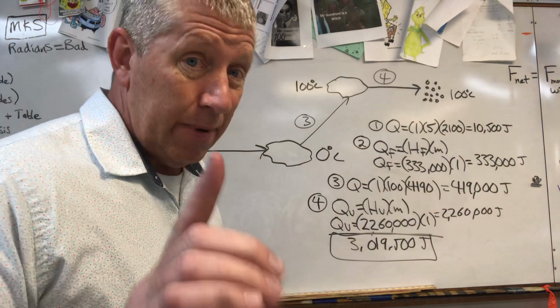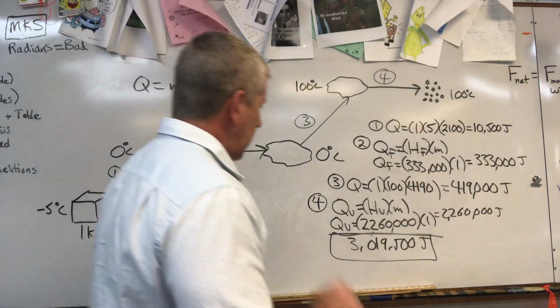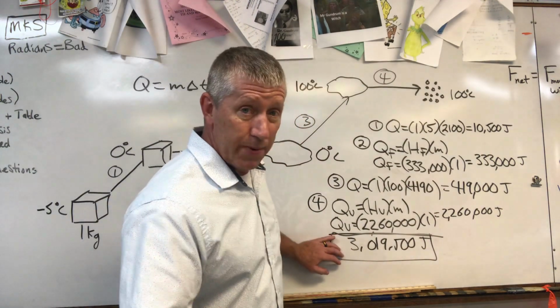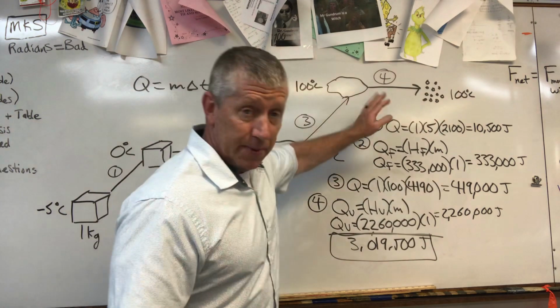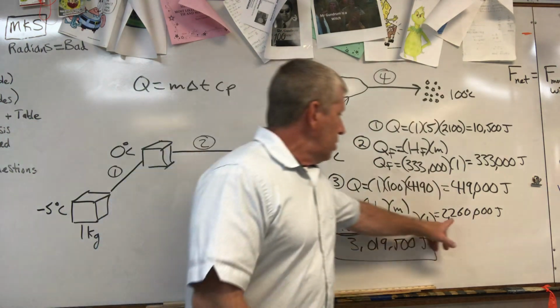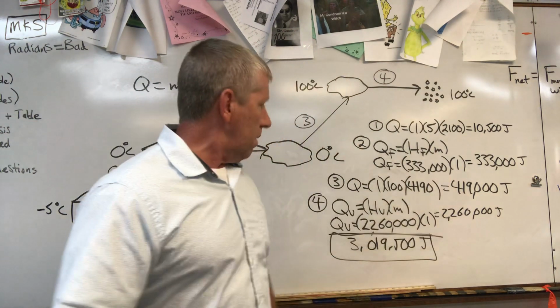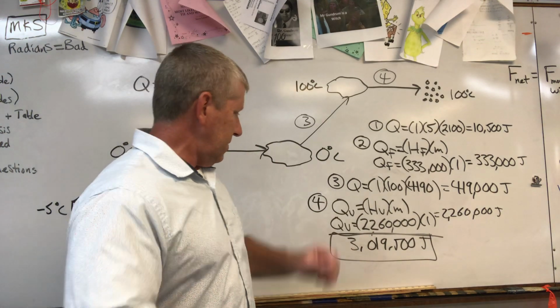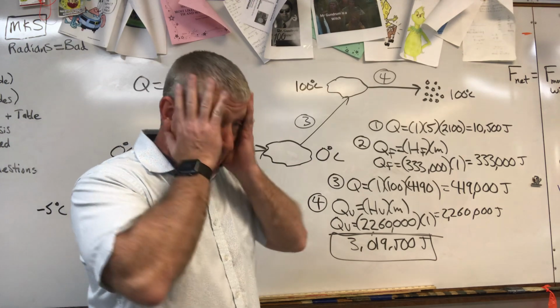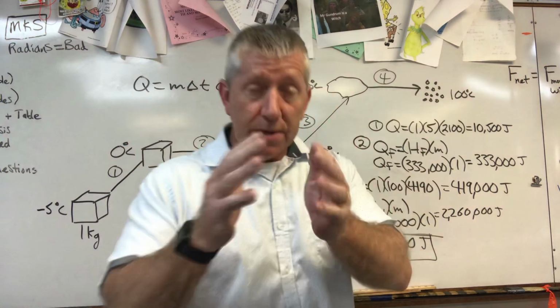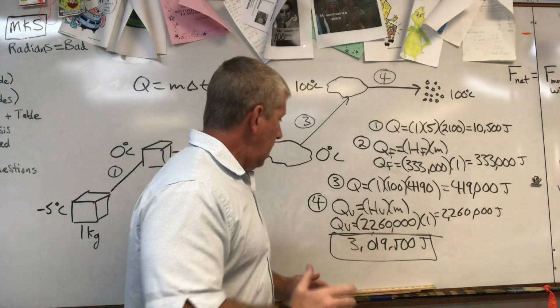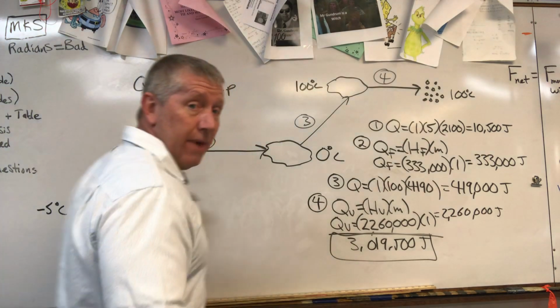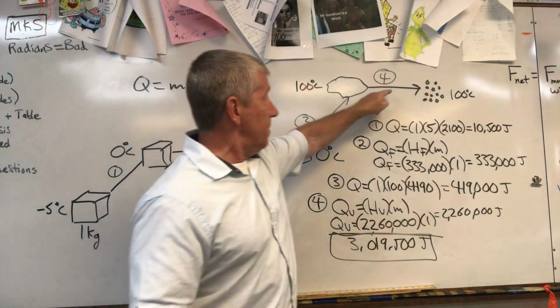What I do want to point out about this, though, is this. Out of this 3 million joules that it takes to do this job, that's the total amount, almost 2.3 million, that's about 67%, about 2/3 of the energy it takes to do this happened right here.